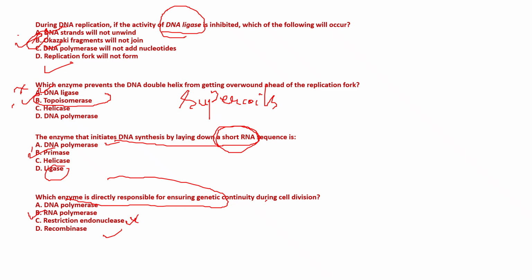RNA polymerase is absolutely wrong. So genetic continuity is maintained only by DNA polymerase. Clear? This DNA polymerase copies the genetic material precisely to ensure inheritance from parent to offspring. I hope the concepts and the MCQs are clear.